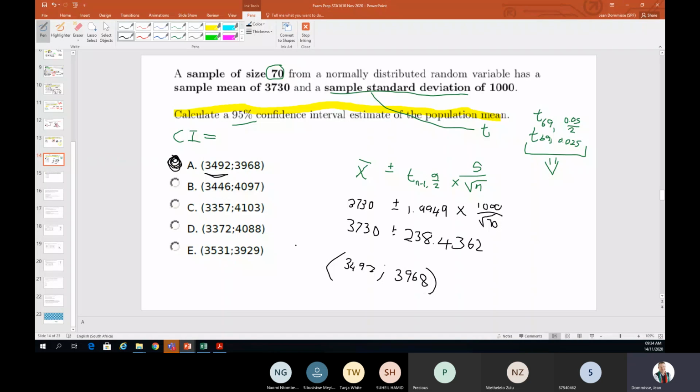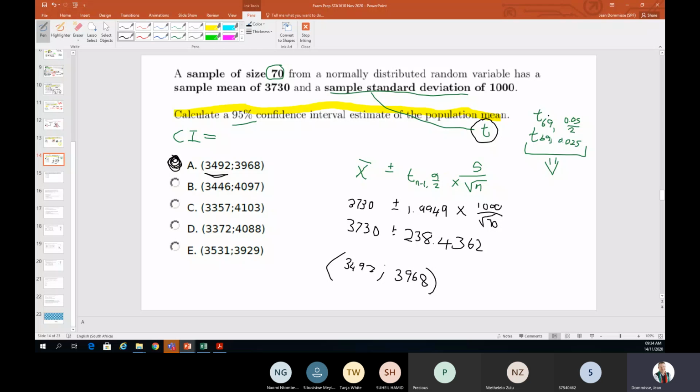Here I think the important thing is to identify that because it's a sample standard deviation, the population standard deviation is unknown. Because it is unknown, we're working with a t. And then we need to understand again how we calculate the t value.